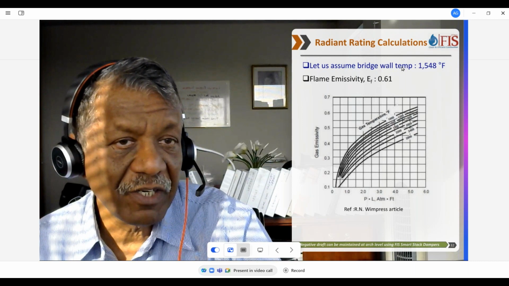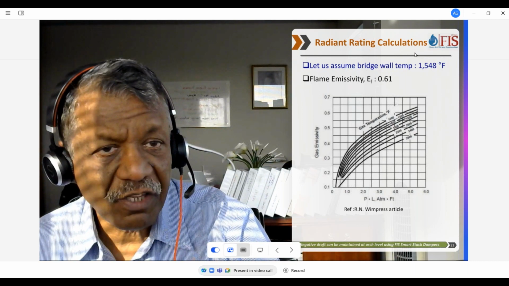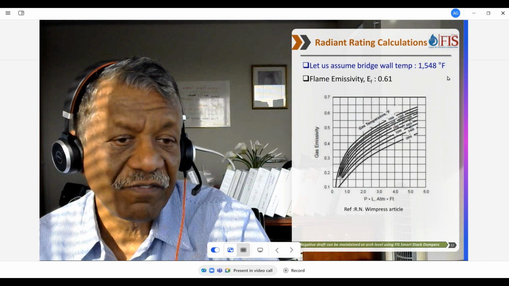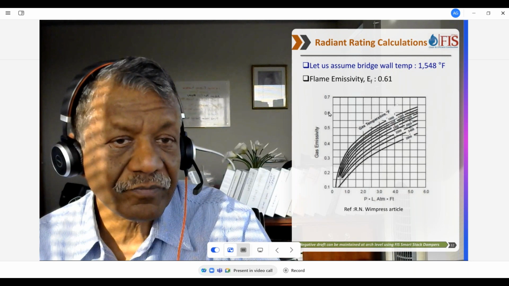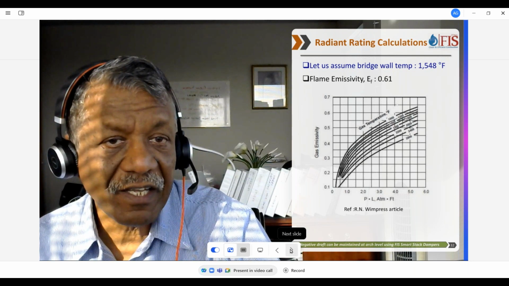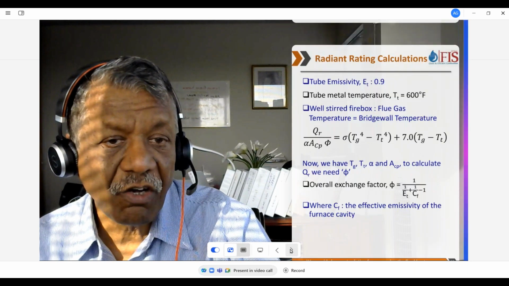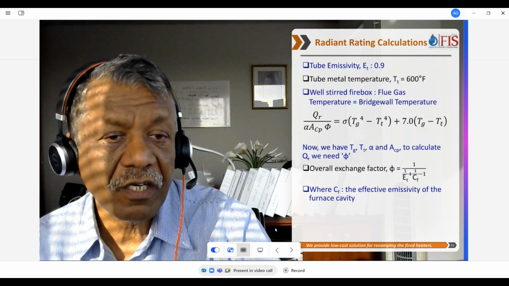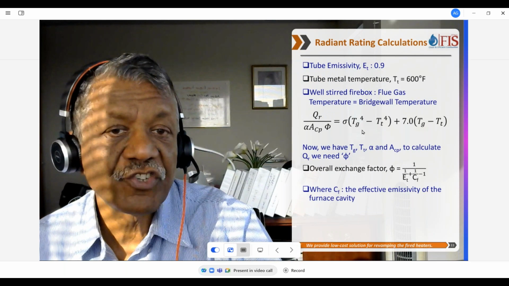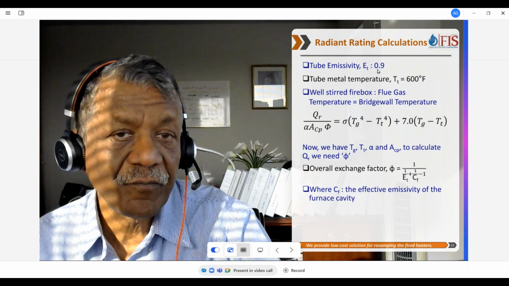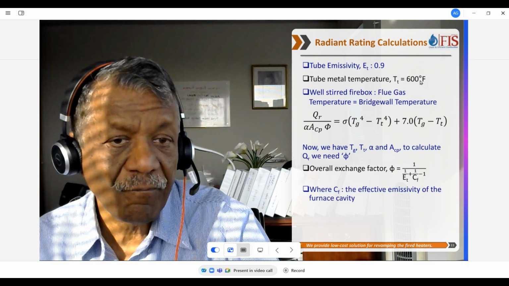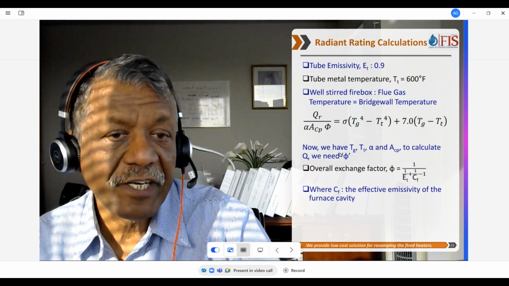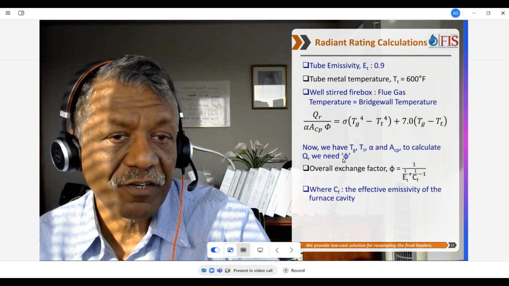We have calculated using an approximate bridge wall temperature of 1550, and we come up with this gas emissivity. And once we have the flame emissivity, then all we do is come up with the exchange factor. We have done the tube emissivity, we take the tube metal temperature, and we calculate the overall exchange factor.